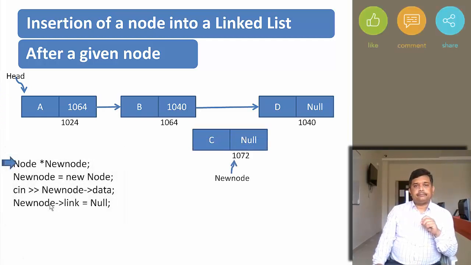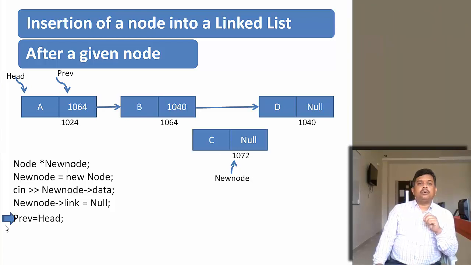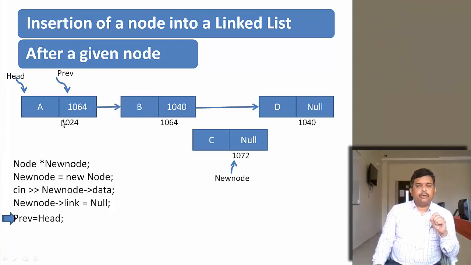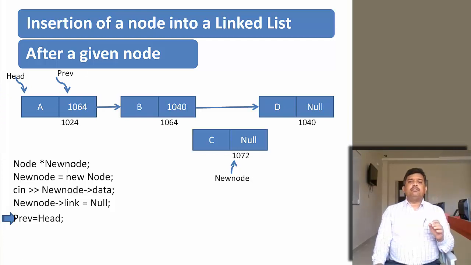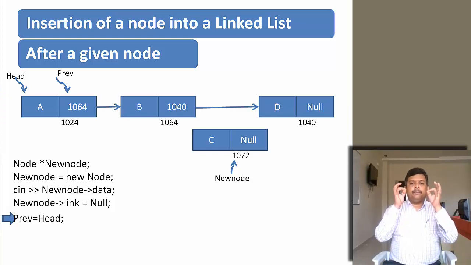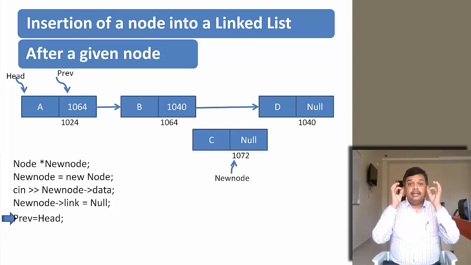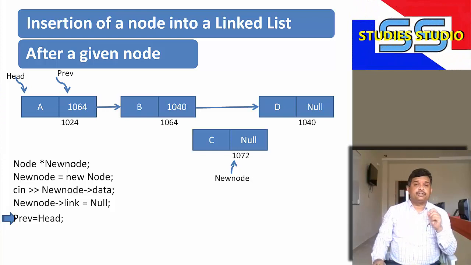I'll have one more pointer previous, which is pointing where head is pointing. Head is pointing to the first node containing data A with location 1024, and to this particular node previous is also pointing. Next, I have to move the previous pointer to an appropriate location based on some criteria, after which the new node can be added. And this node should be after the first node.